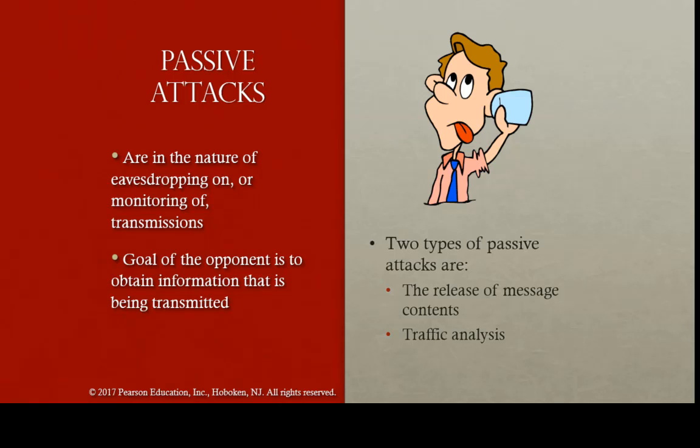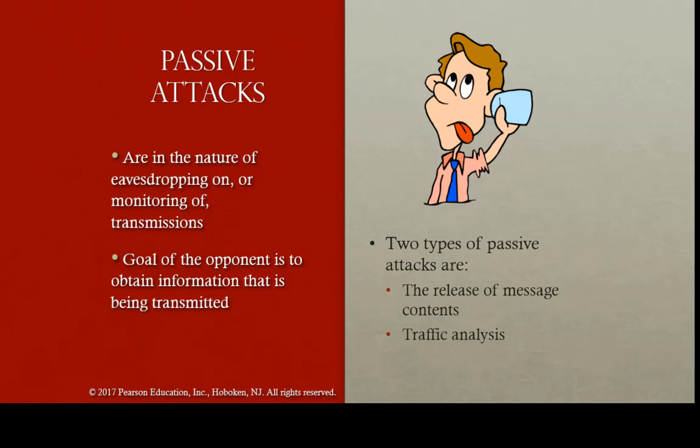A second type of passive attack, traffic analysis, is subtler. Suppose that we had a way of masking the contents of messages or other information traffic so that opponents, even if they captured the message, could not extract the information from the message. The common technique for masking contents is encryption.